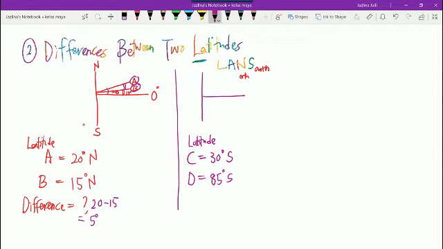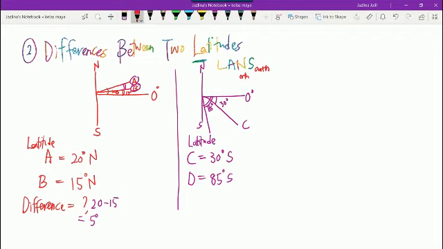So here 0 degree, the equator, remember this is north, this is south. C is 30 degrees south, so it is going to be below the equator, 30 degree. This is C. And how about D? It is 85. Yeah, so it will be near to this south pole. Okay, so this one will be 85.